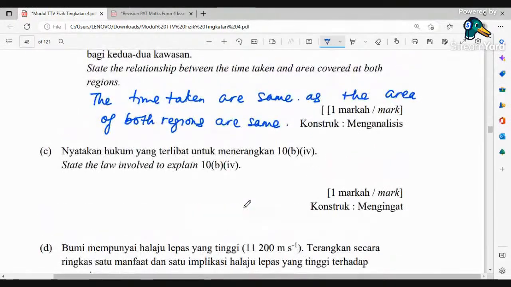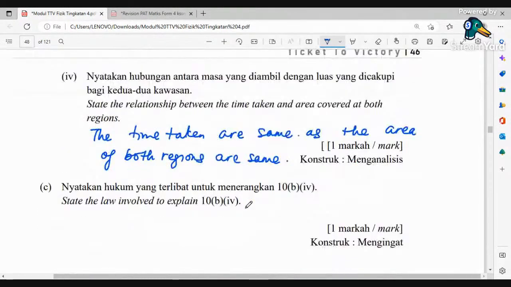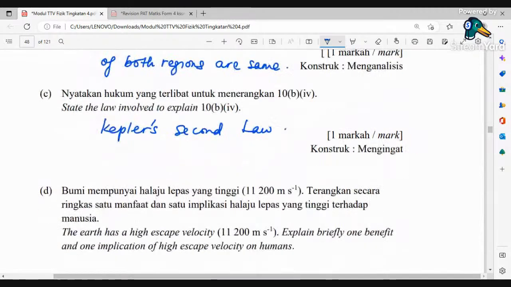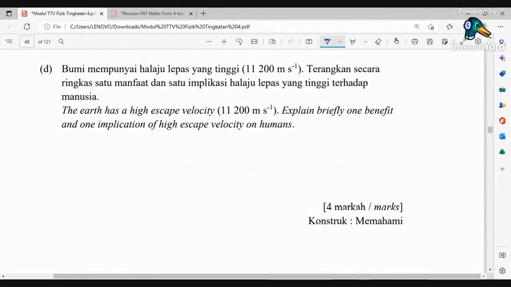Okay, so we can see from here, means the planet sweeps out equal area in equal time. Area same, time taken same. Okay. But D, the Earth has high escape velocity. Explain briefly one benefit and one implication of high escape velocity on humans.